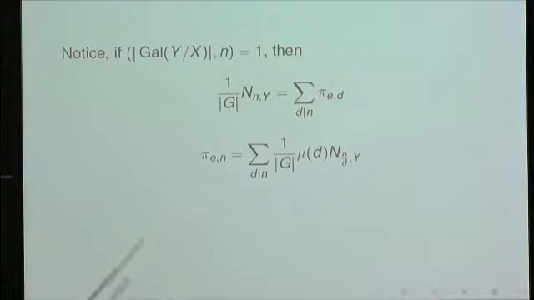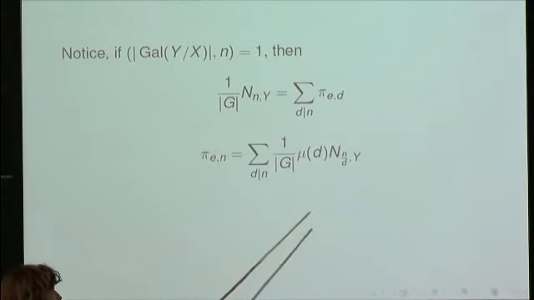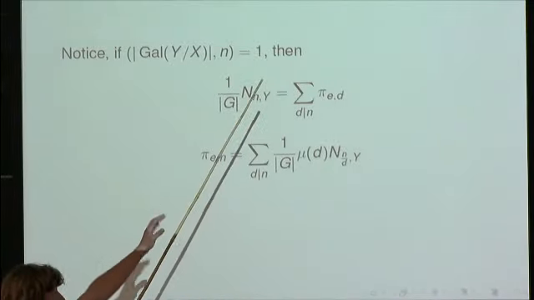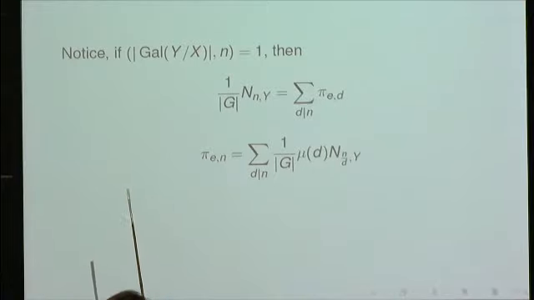So then we apply the Mobius inversion formula. You get a formula for the number of primes of length n which split completely based on the number of paths in the top graph. And so from this, you're hoping to produce some type of asymptotic for the number of primes which split completely.